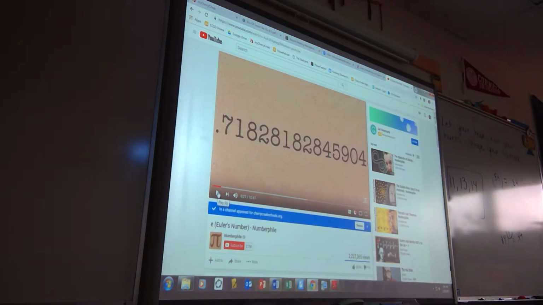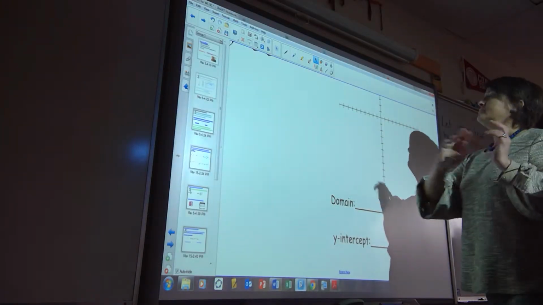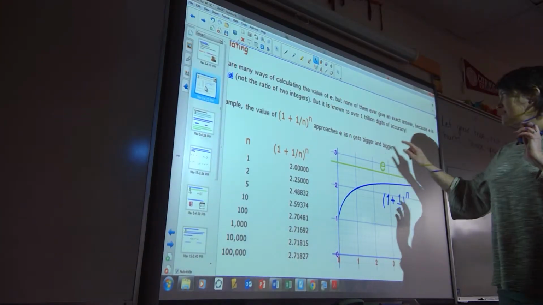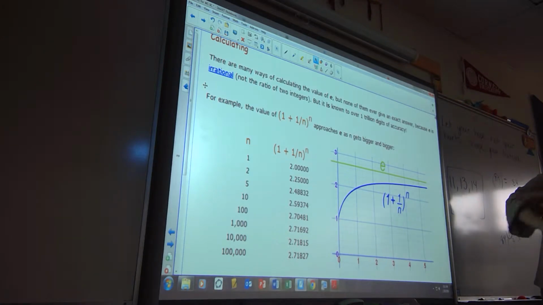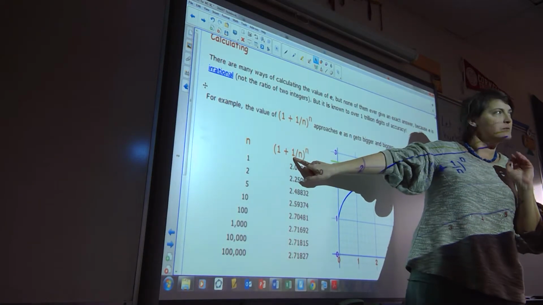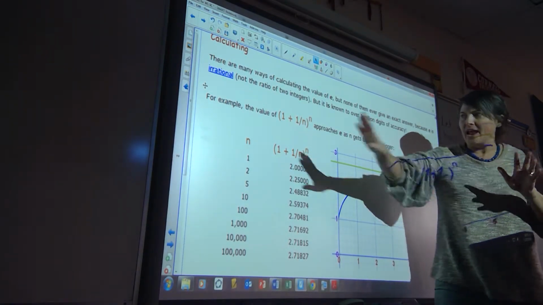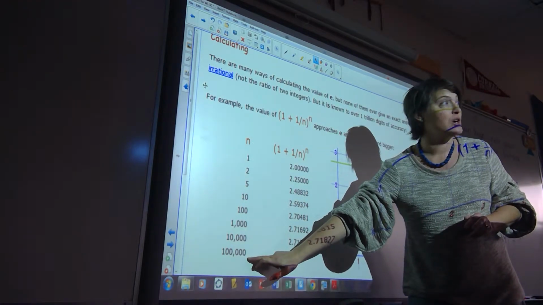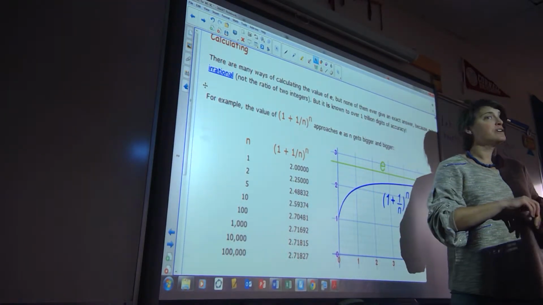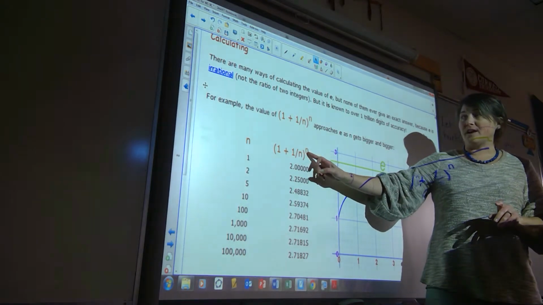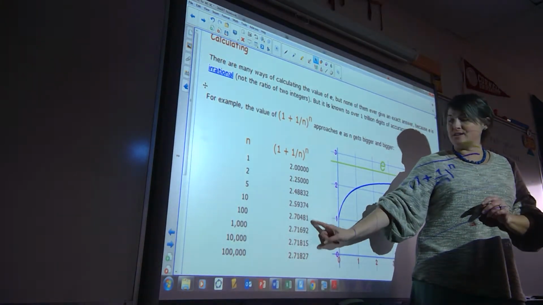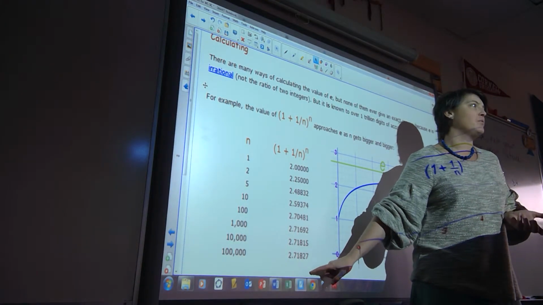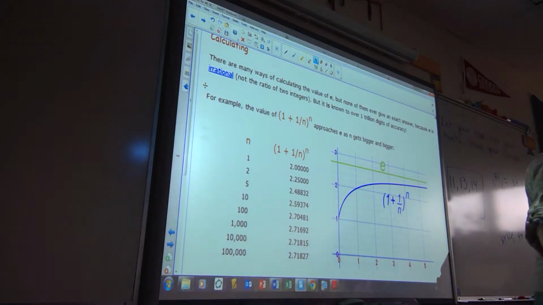All right. So this is another illustration. This one's in your notes, but you can see this is that equation that he was writing down. And as the n value gets larger and larger, even if we go all the way up to 100,000 and we plug in 100,000 for n, notice that it's just getting closer and closer to 2.718282828, blah, blah, blah.